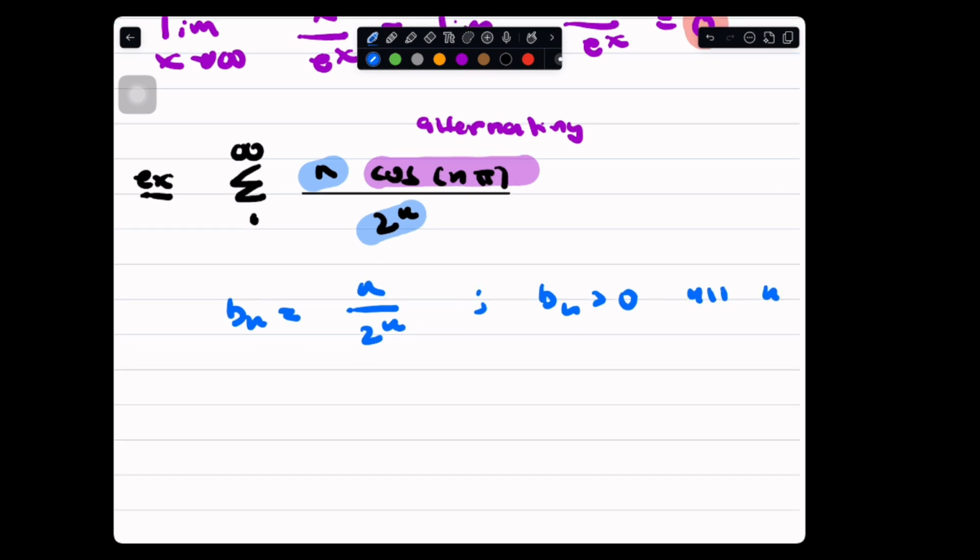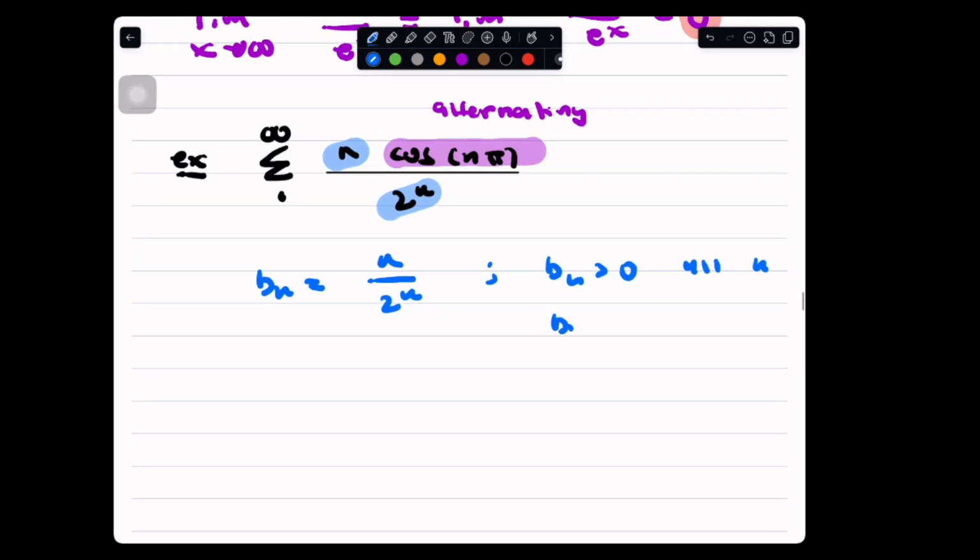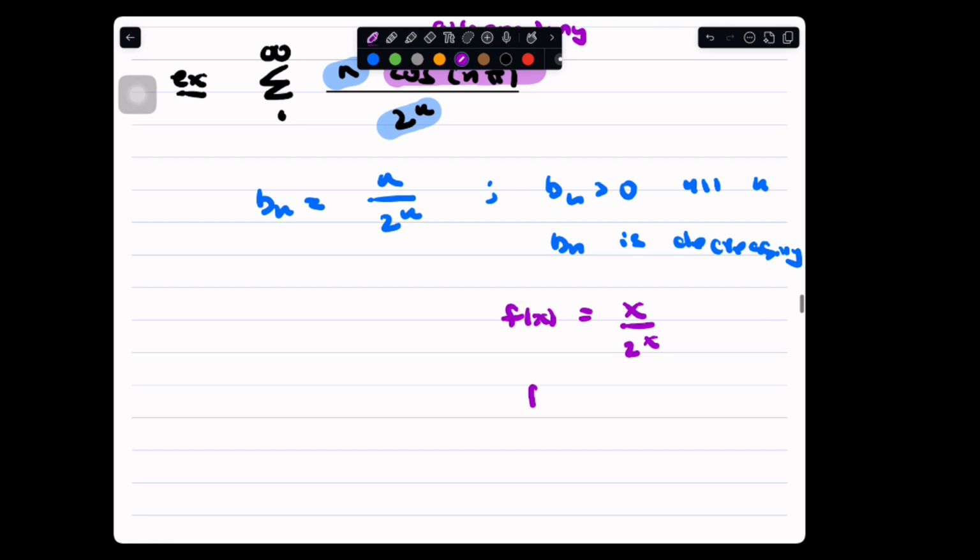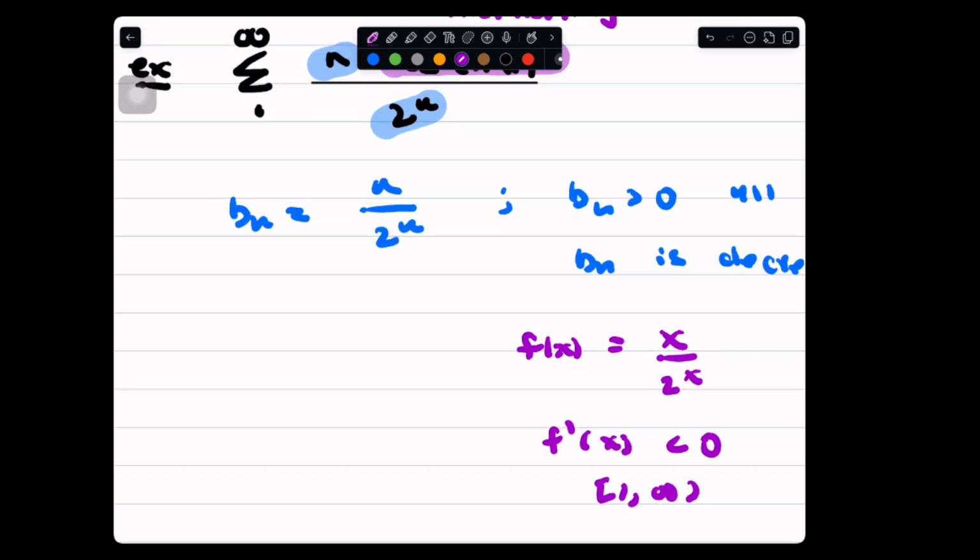I'm going to say to you guys, how do I know this Bn is decreasing? You can look at the function x over 2 to the x and show that the first derivative is negative on the interval from 1 to infinity here. Okay? But how do I know it's decreasing?